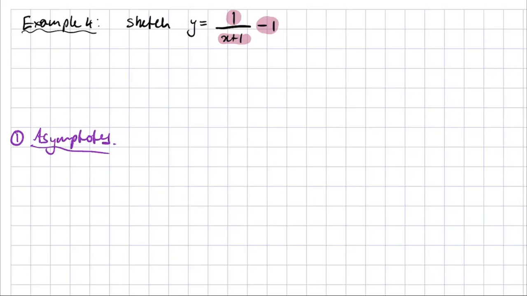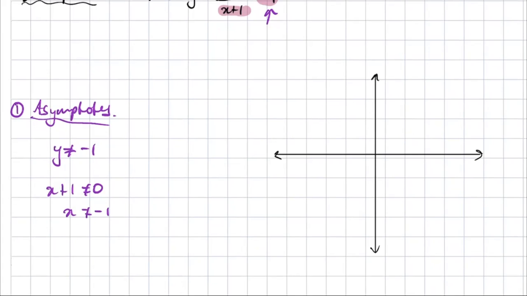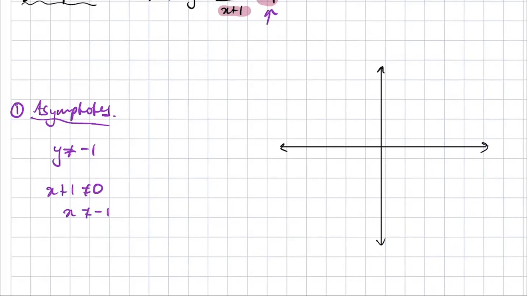Now I do the horizontal asymptote first, which is the y asymptote. So y cannot equal -1, so that's just this number sitting off here by itself to the side. And I set the denominator not equal to 0 because we can't divide by 0, so x can also not equal -1. So my two asymptotes, interestingly enough, are very similar. I will move this very slightly, just so you can line things up better.